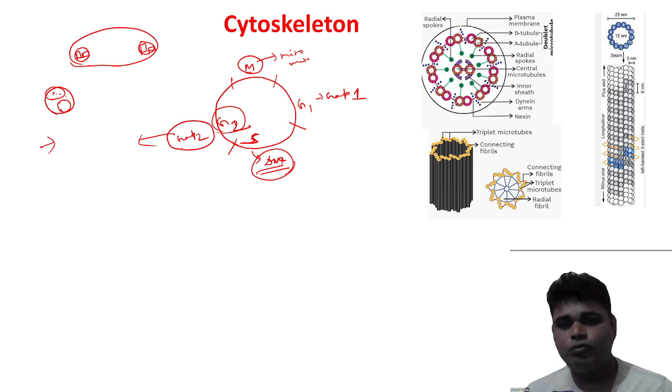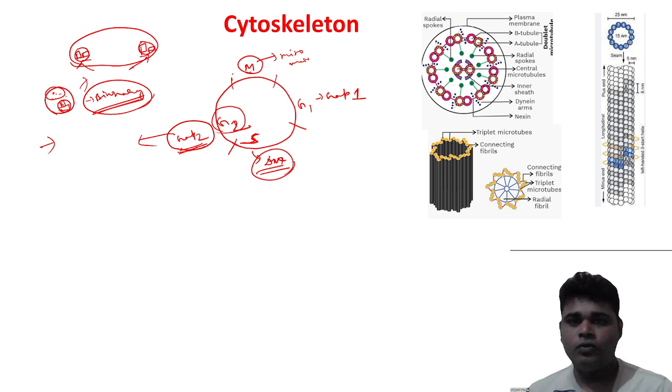During the gap 2 phase the centrosome becomes double, just like binary fission. Then one goes to one end and the other goes to the other end, and now mitosis and meiosis occur.